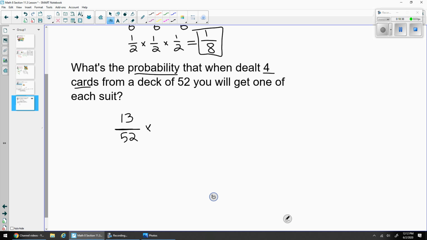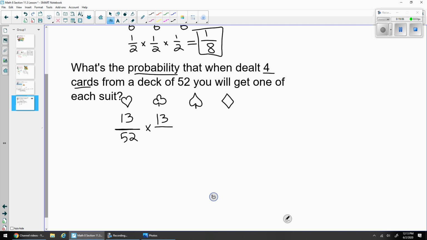So you got the 1 card. Now the next suit, there's still going to be 13 cards of that suit because you haven't gotten that suit yet. Okay, so let's say this was hearts. This is going to be clubs. This is going to be spades. And this is going to be diamonds. So let's say there's 13 out of the 52 cards. You got one of those was a heart.